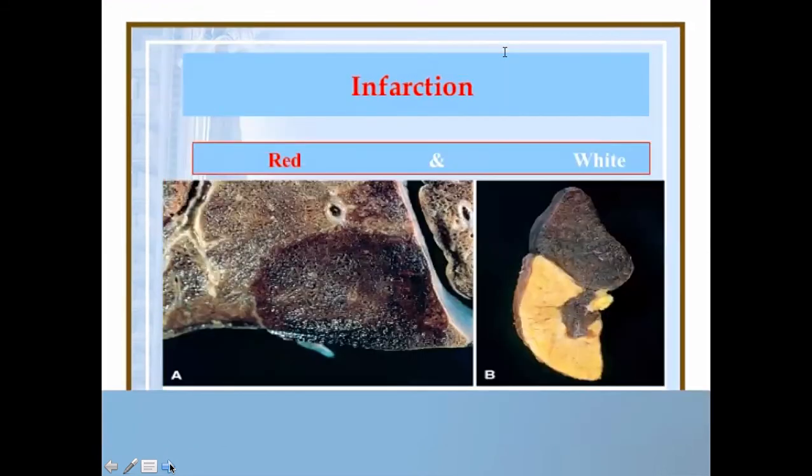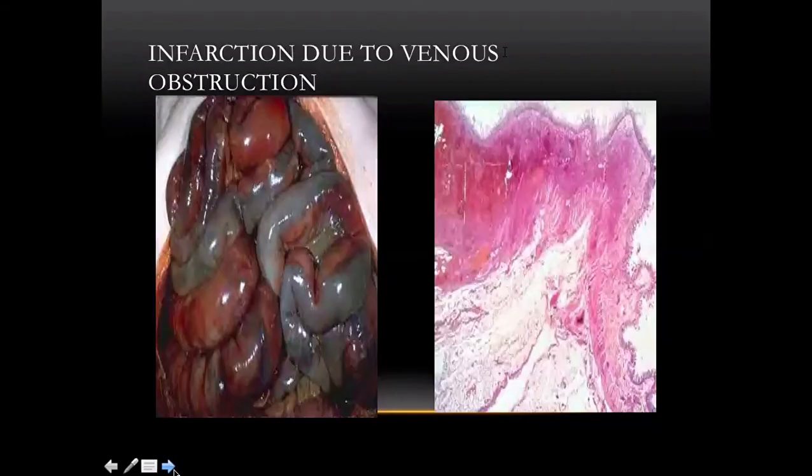Okay, so this is a gross picture of an infarction. So this is the red infarct, no, from the lungs. You can see patay na ang tissue na to, infarcted na. And in the spleen, you can have a white infarct. Okay, and this is also a hemorrhagic infarct in the gastrointestinal tract, no? So you can see red.